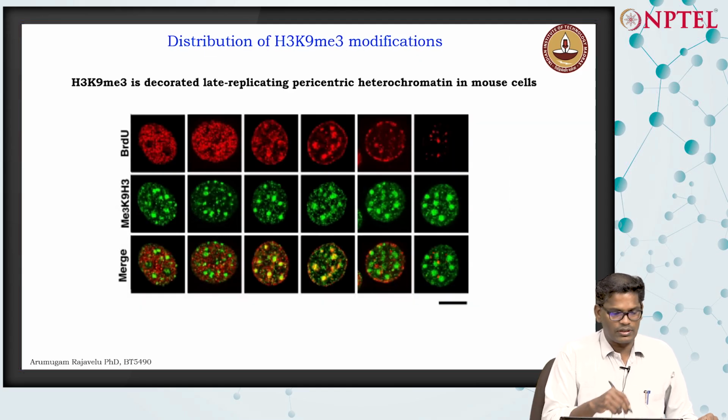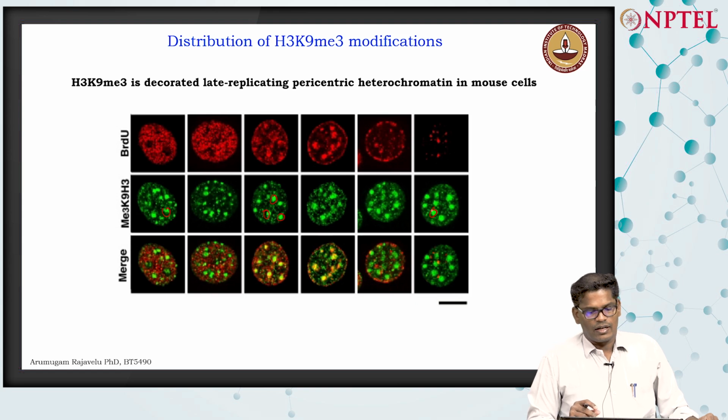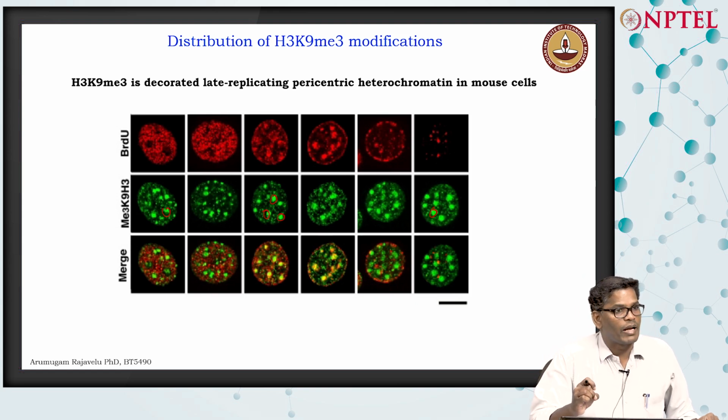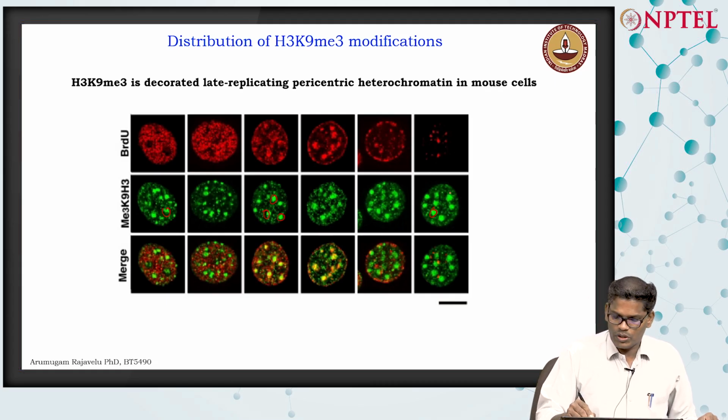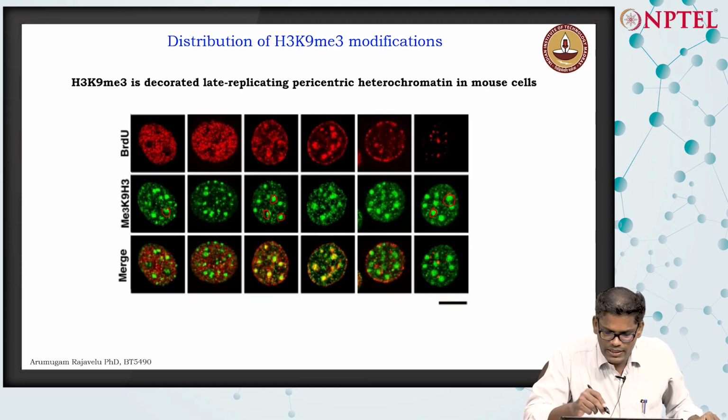Coming to Me3, you see predominant spotty, really punctate localization. This is the condensed chromatin, repressed chromatin, or what you can call heterochromatin. Because it is very intense, you can see it with the DNA staining also.